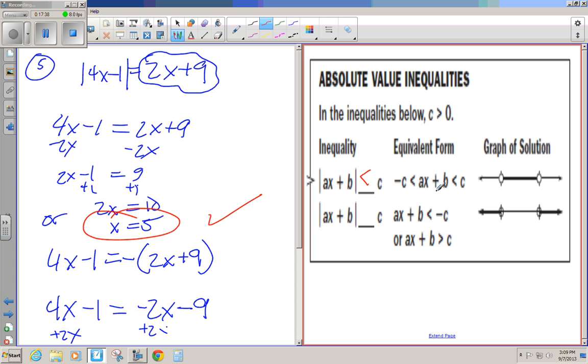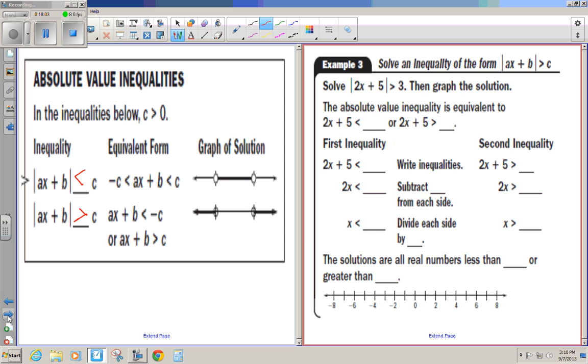It's a between statement. You can see that the inequalities are exactly the same. But you write C on the right and negative C on the left. Here, this is greater than. So you rewrite it exactly the same way, or you rewrite it by flipping both inequalities. Now, I'll explain that in a minute.